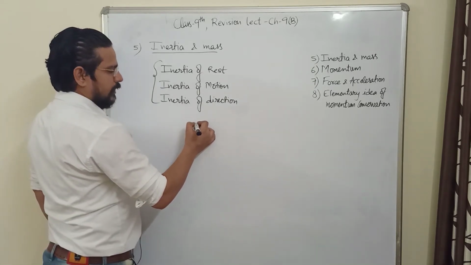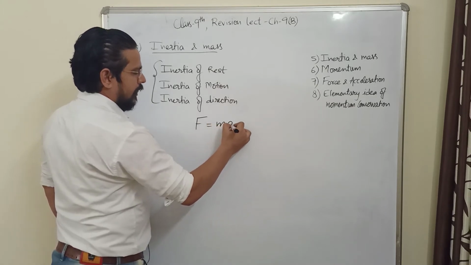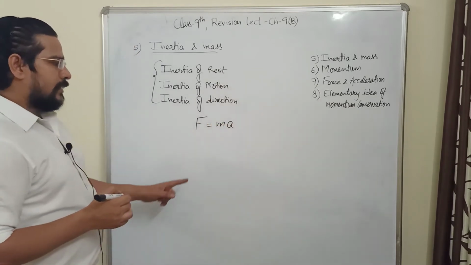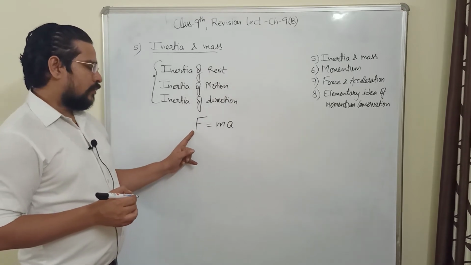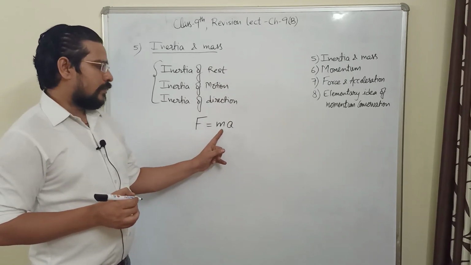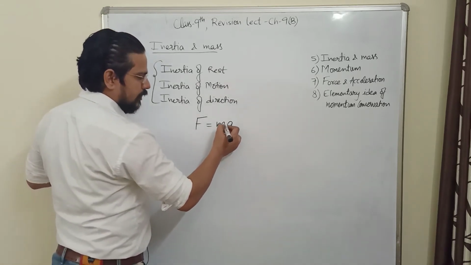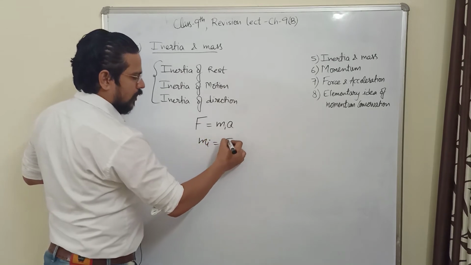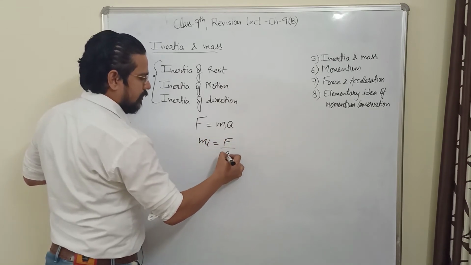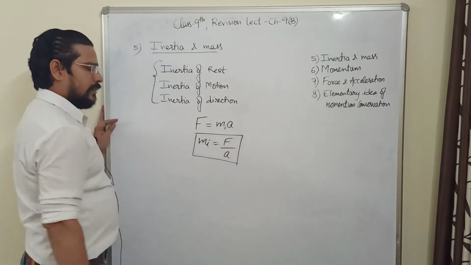If we consider the equation F is equal to ma, where a is the acceleration, F is the force applied on the object and m is the mass of the object, then by definition this mass is the inertial mass of an object. Inertial mass is equal to applied force divided by acceleration of the object. That is known as inertial mass.